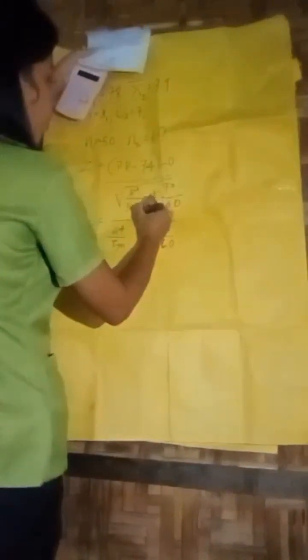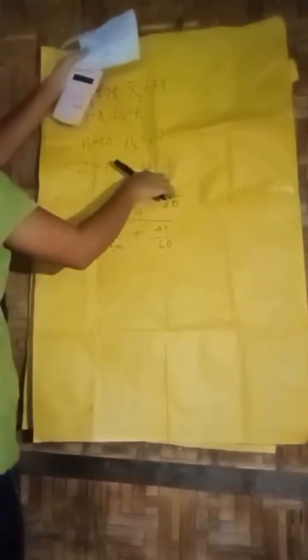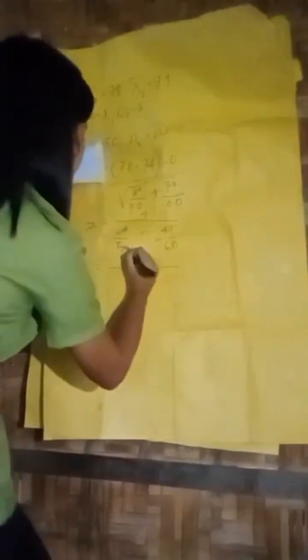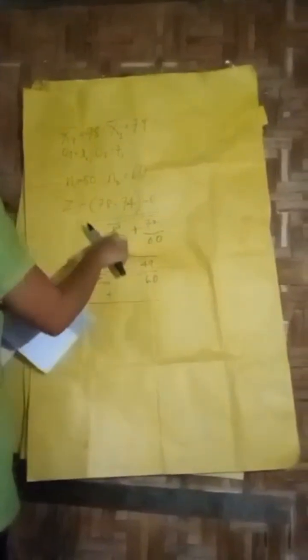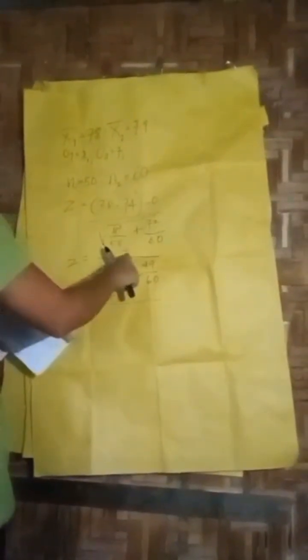So, plus, and then we get the 4. 78 minus 74 equals 4. So, Z equals 4, copy the 4, and then 64 plus 49. 4 which is the 78 minus 74 equals 4.